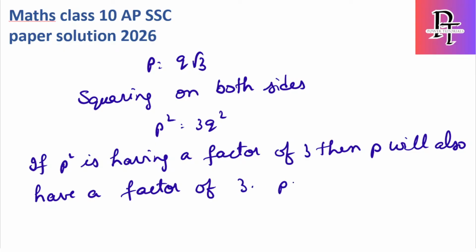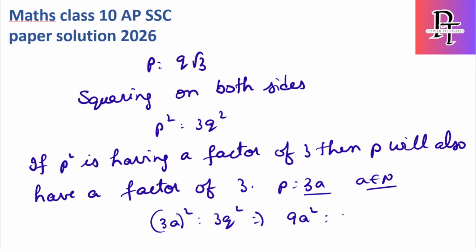And second, write p value as 3a, where a belongs to natural numbers. Okay, now this becomes 3a whole square is equal to 3q square. So you will get 9a square is equal to 3q square. So here I can say q square I am getting as 3a square. So here it is saying that q also has a factor of 3.